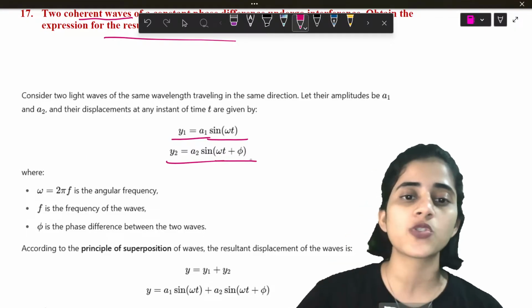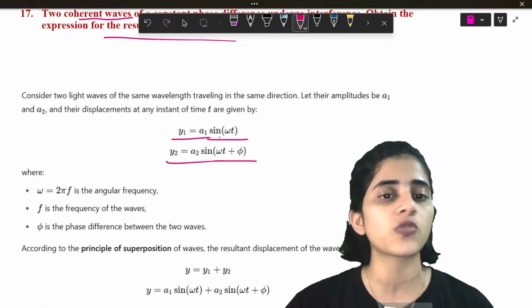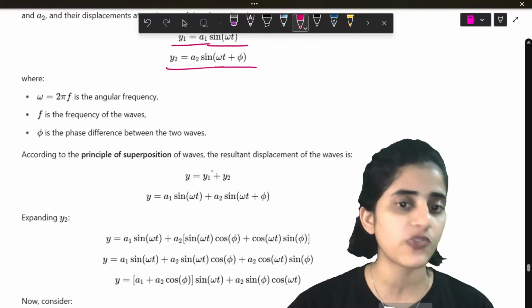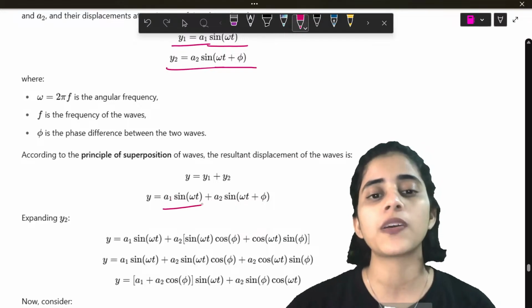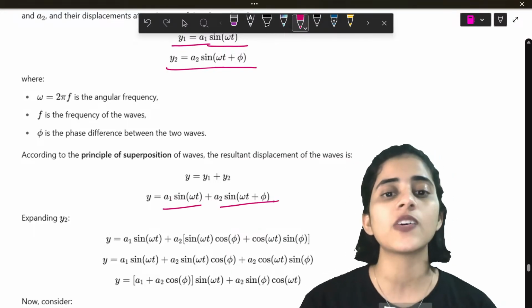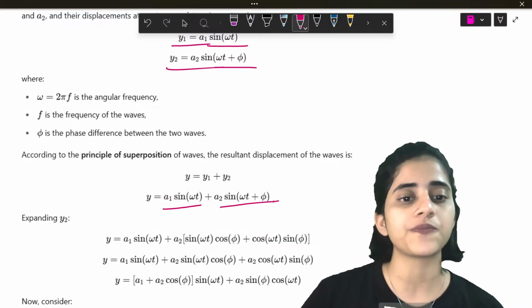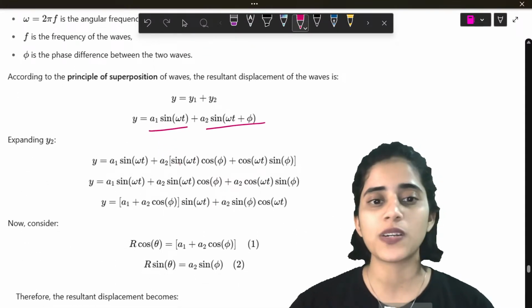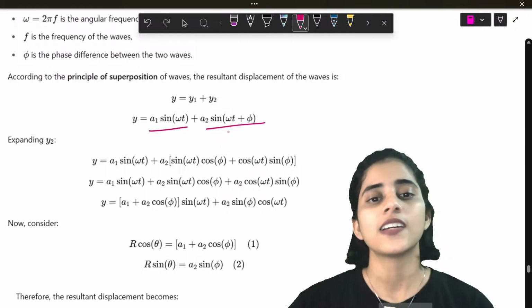Now, when you add y1 and y2, what will you get? a1 sine omega t plus a2 sine omega t plus phi. Now, what will I do? Basic math. This you might have learned in your math class.